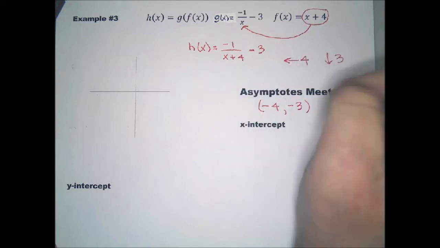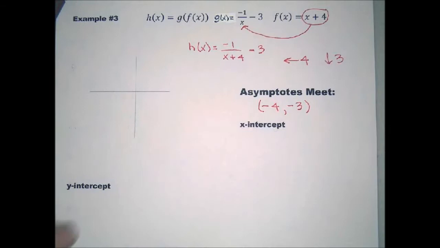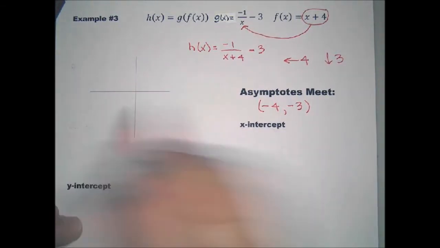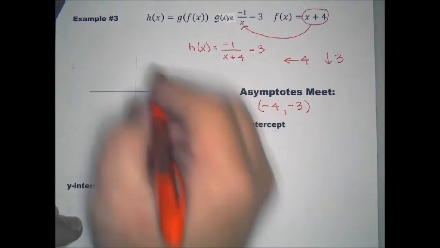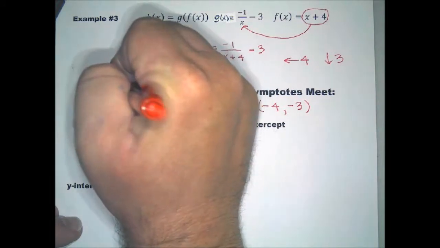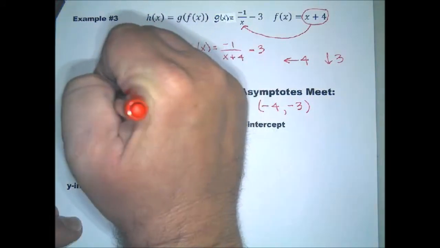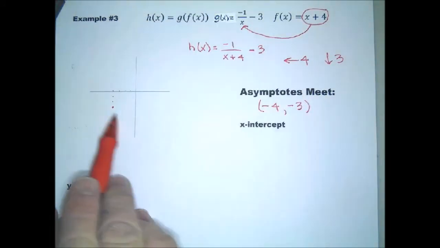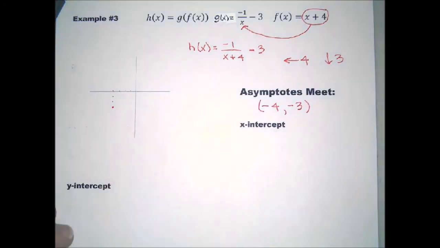And that's going to help us with the rest of the graph. So figure out where -4, -3 is. Okay. Right there. And that's where your vertical and horizontal asymptotes are going to meet.